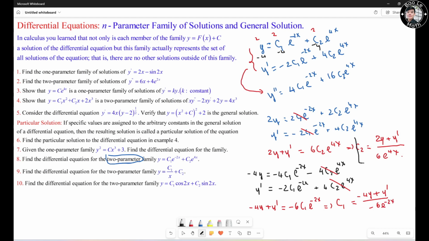I'm going to keep this one and this one, and substitute back into the third equation right here.